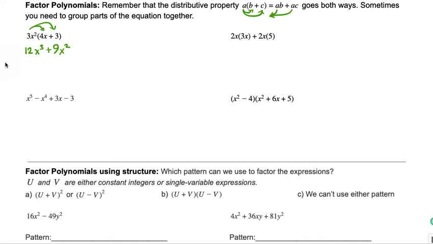On the left-hand side we have 2 times 2 times 3 times x times x times x plus 3 times 3 times x times x. As you can see right there, the 3 on both sides and 2 of the x's on both sides is all that we can factor out of that expression.